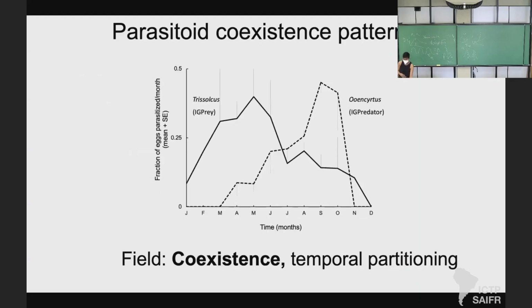In the field, the two species have coexisted for several decades, and you can see some element of temporal partitioning. Trisochus is more cold adapted. I'm going to call it IG prey because it's easier. It comes in early. Oencertus, the IG predator, is more warm adapted. When that comes in, the other species goes down. So you can see this element of temporal partitioning.